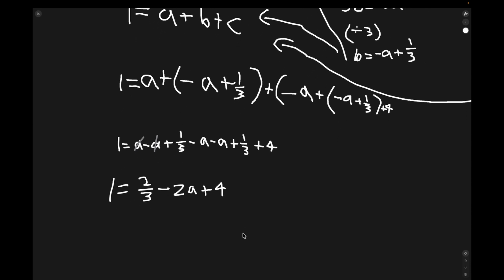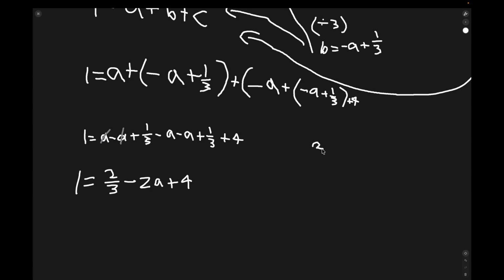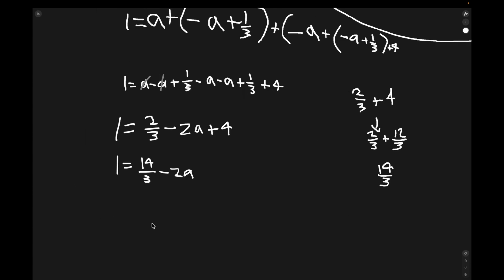Now, 2 on 3 plus 4. 4 is the same as 12 on 3. So 2 on 3 plus 12 on 3 is going to be 14 on 3. So 1 is equal to 14 on 3 minus 2a. So now let's minus 14 on 3 from both sides.